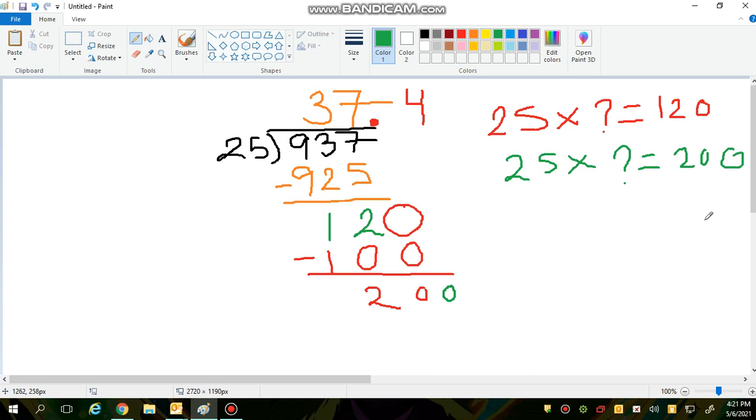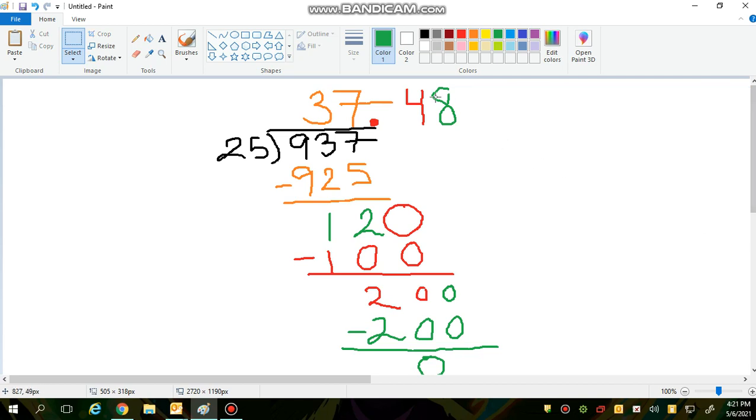And I'll tell you right now that the best answer for this is the number 8. Because 25 times 8 is exactly 200. And when you subtract it, you get a 0. And when you have that 0 as your remainder, that means division is done. We have the final answer. And here we go.